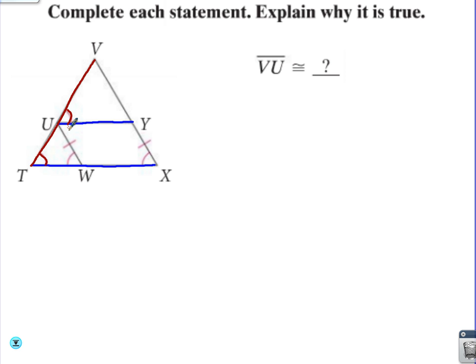Good. That's right. Those two angles are corresponding angles. Since corresponding angles are the same, we know those two lines are parallel. Since those lines are parallel, we know that also, what if this is a transversal? We know that these corresponding angles would also be the same. So now, is that an isosceles triangle? Yes. And are those sides the same?